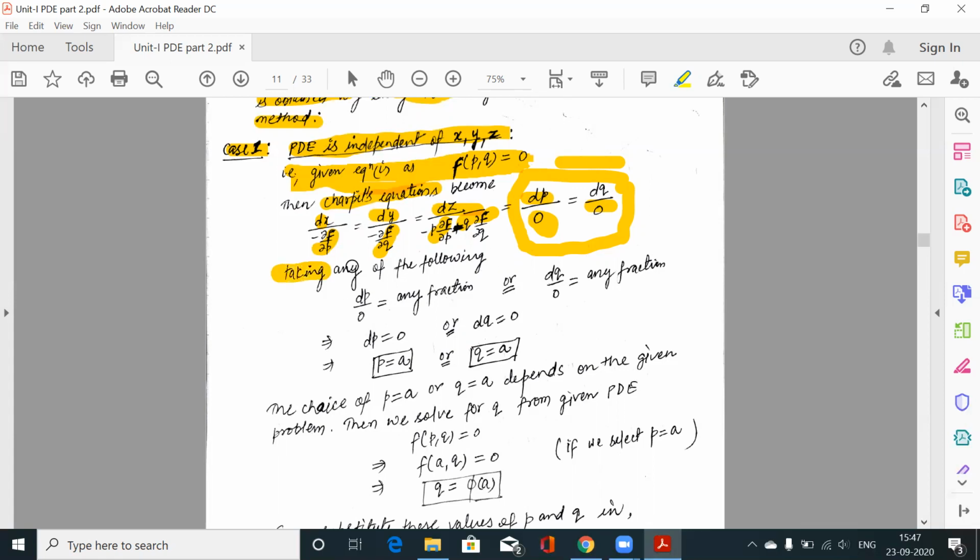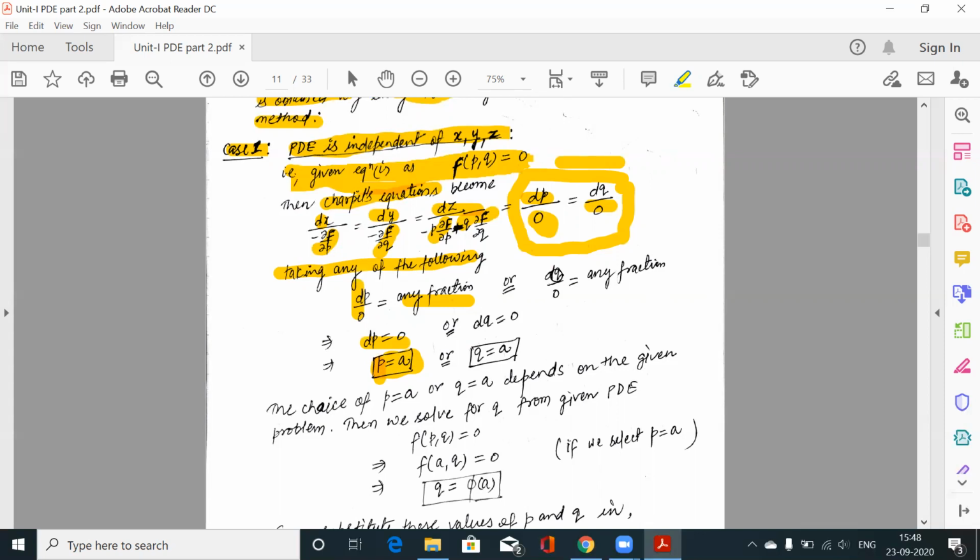So taking dp over 0 equal to any fraction, that means dp is equal to 0, since 0 would multiply here. If we integrate dp equal to 0, the integration of dp is p equal to one integrating constant, so a. So p is equal to a, one solution.